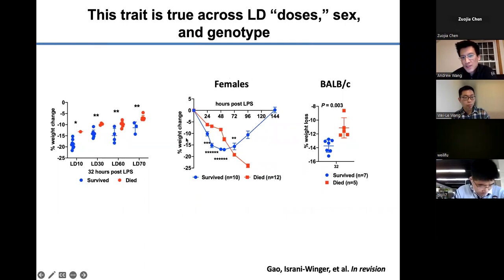We could generalize this to females as well. And we could also generalize this to highly divergent genetic backgrounds like BALB/c, so that the mice that die are always the ones that lose less weight.